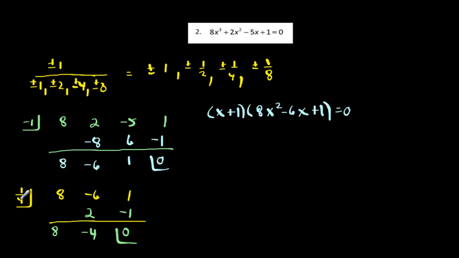So this shows that 1/4 works, and that means we can continue the factorization. Because this is true, we not only have x plus 1, we're going to have 4x minus 1. So x plus 1, 4x minus 1 times 8x minus 4.